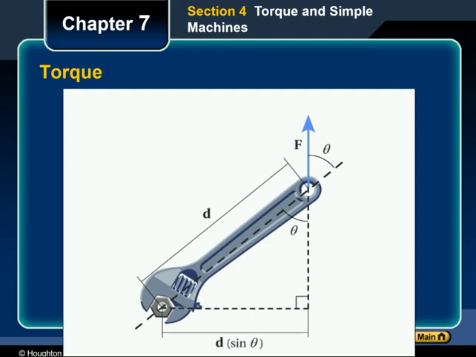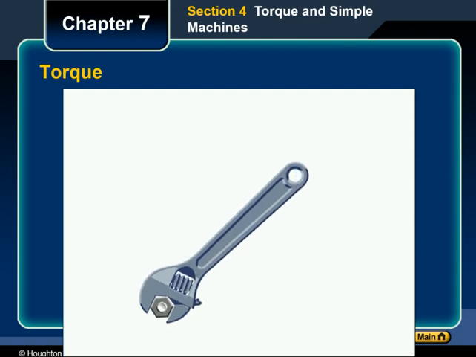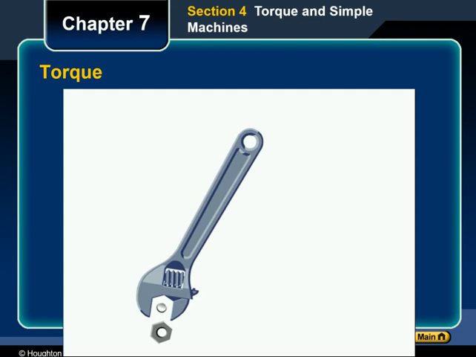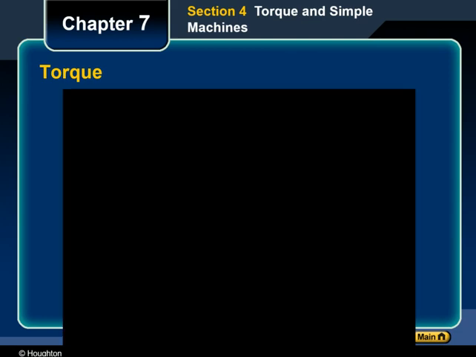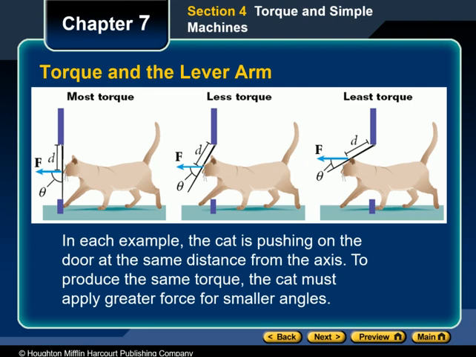The lever arm is the shortest distance from the axis of rotation to a line drawn along the direction of the force. For a given force, a longer lever arm produces a greater amount of torque. The lever arm depends on the angle. Forces do not have to be perpendicular to an object to cause the object to rotate.